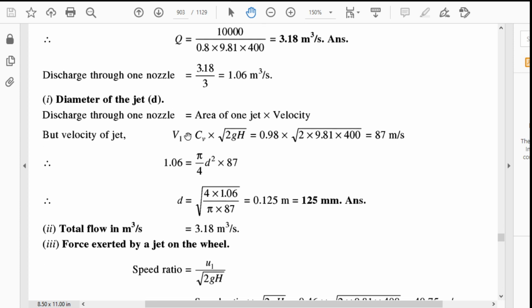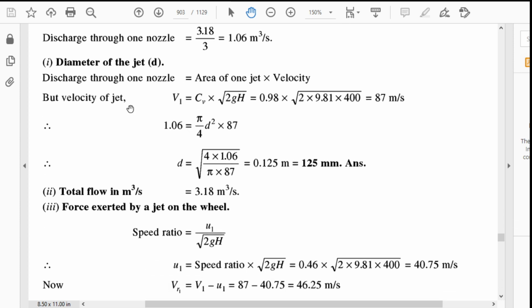Now the diameter of jet, small d, as we have calculated in the previous 3 numericals, we have to calculate in the same manner here. Discharge through one nozzle equals area of jet into velocity. But here we have to calculate the velocity of jet.